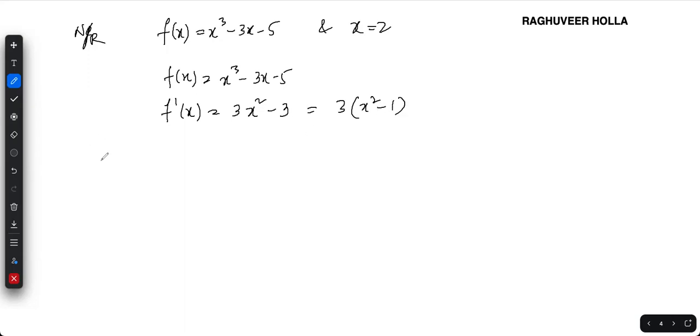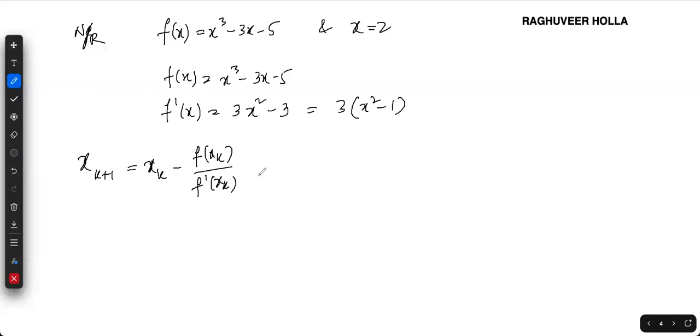Okay, so the general form to find the roots, xk plus 1, or the order which you are going to find, xk minus f of xk divided by f dash xk.